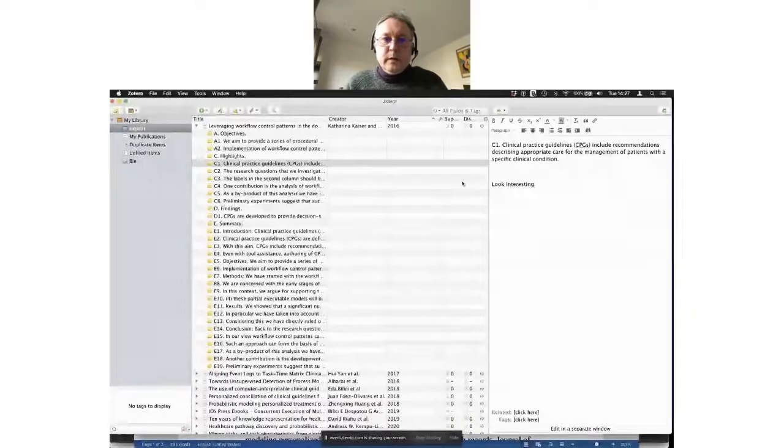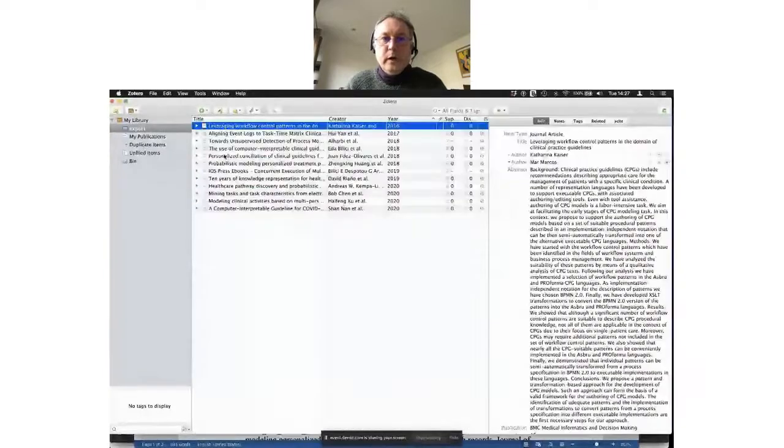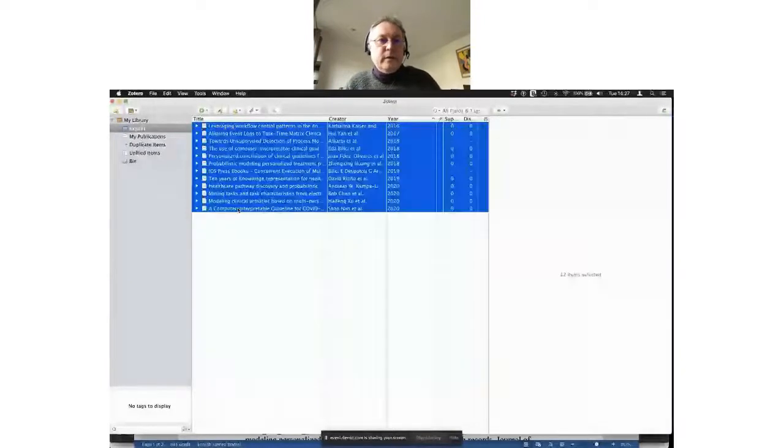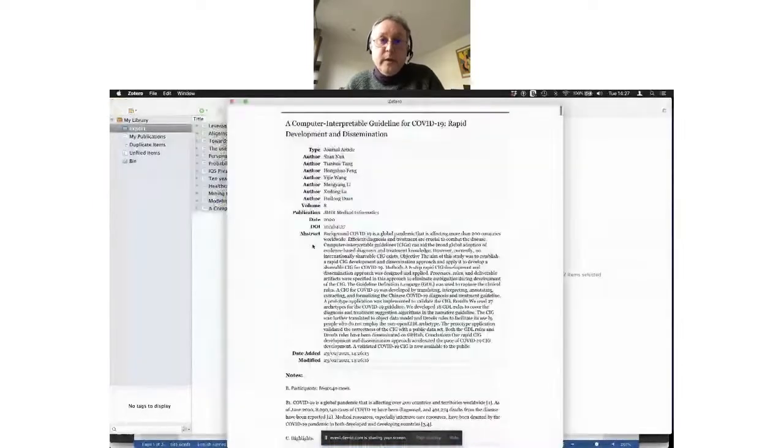notes here and so on, and export this directly from Zotero into our own note-taking software, whether we're using something like Microsoft Word or Notion or some other thing like Evernote or whatever. The other thing you can do then is select all your papers, right-click on them, and generate a report from all these notes that you have in there.